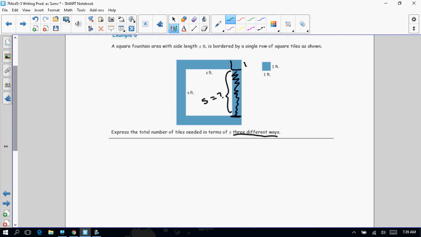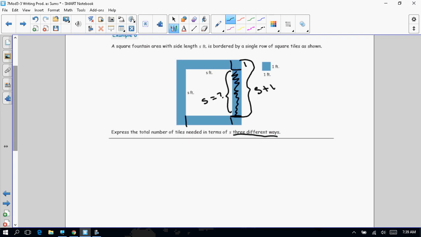I called that S, right? And then this entire side from the top to where I just stopped scribbling, that is S plus 1. Right? Could I do the exact same type of thing here where I have my S across the bottom plus the 1 square in the bottom there, right?